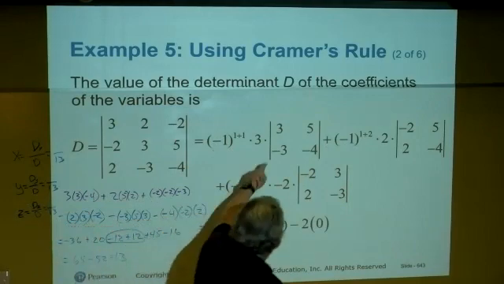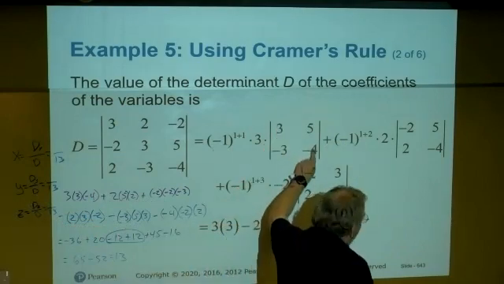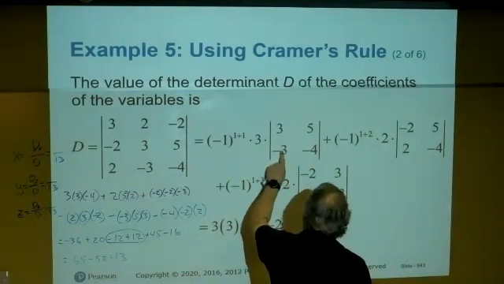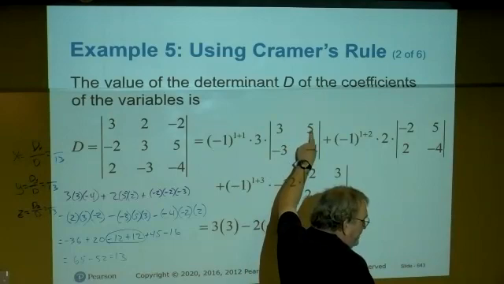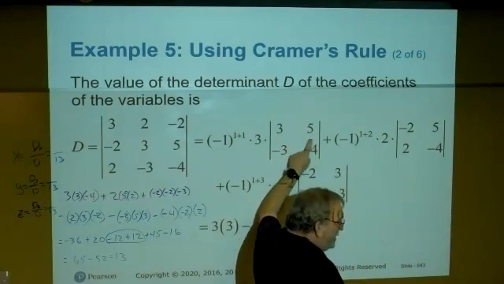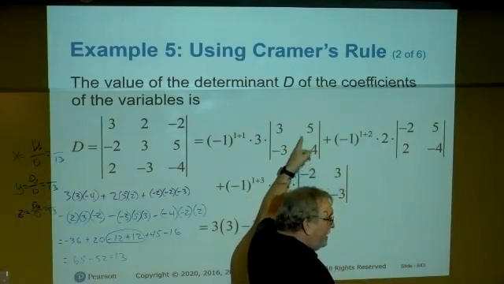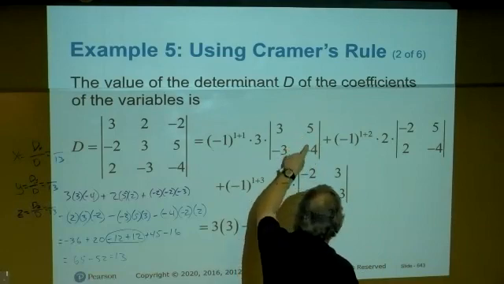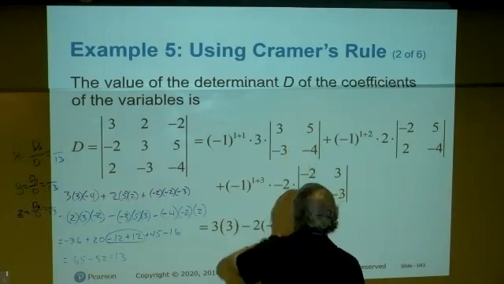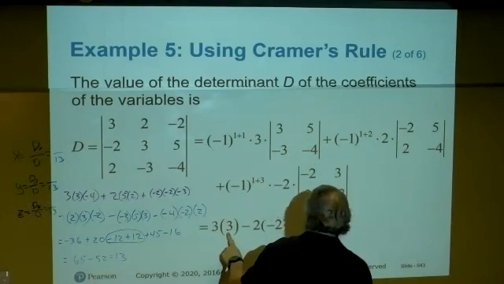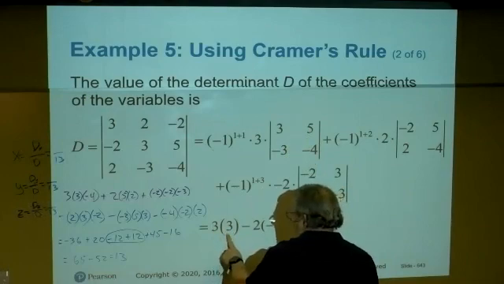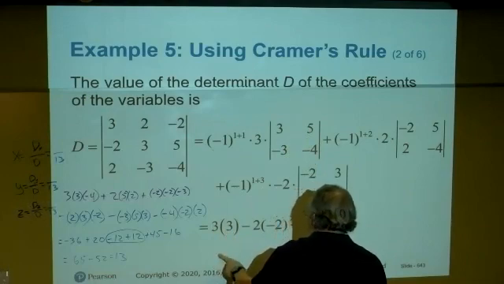So the determinant here, 3 times negative 4 is a negative 12. Negative 3 times 5 is a negative 15. I'm subtracting a negative 15, so it's going to be plus 15. A positive 15 and a negative 12 make for a positive 3. So this is 3 times 3. So we have a 9 here.